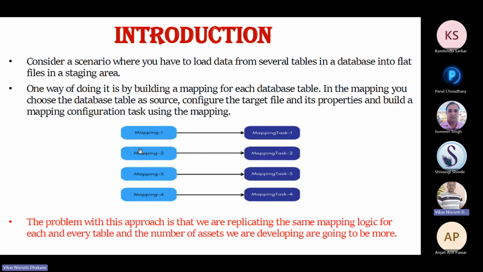With this approach, if you are loading from 4 different source tables, there will be 4 different mappings and 4 different mapping tasks. So in total, how many assets will there be? Eight assets: 4 plus 4, there will be 8 assets. There is no issue in this approach.